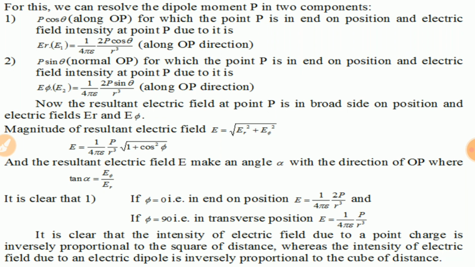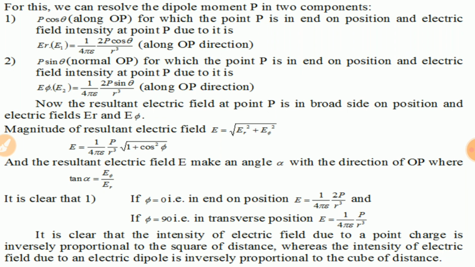So E is equal to 1 upon 4 pi epsilon, P upon r cube, under root 1 plus 3 cos square theta, and the resultant electric field E makes an angle alpha with the direction of OP, where tan alpha is equal to E theta upon Er. It is clear that if theta is equal to 0, in the end-on position, E is equal to 1 upon 4 pi epsilon, 2p upon r cube, and if theta is equal to pi by 2, that is in the transverse position, E is equal to 1 upon 4 pi epsilon, p upon r cube.